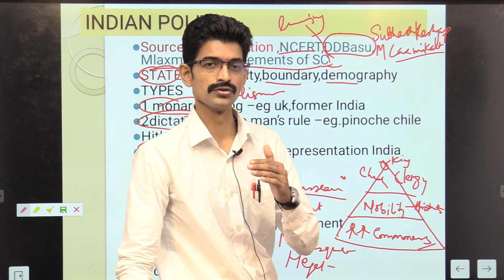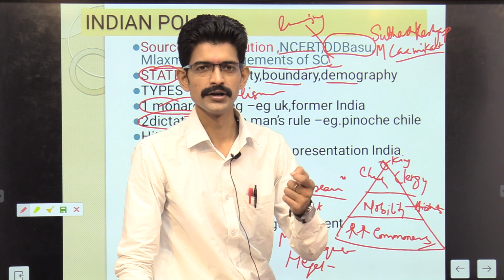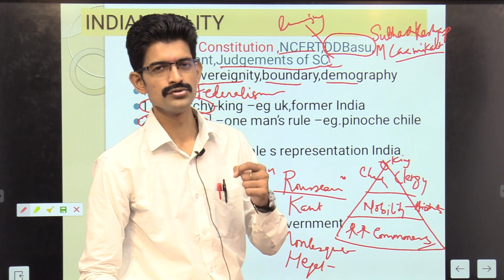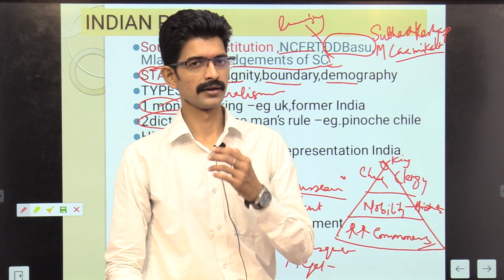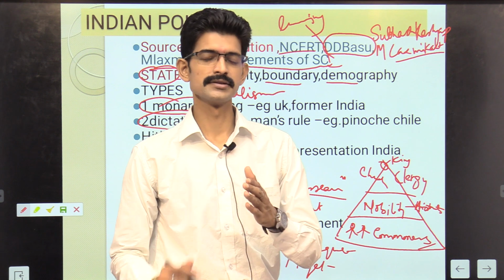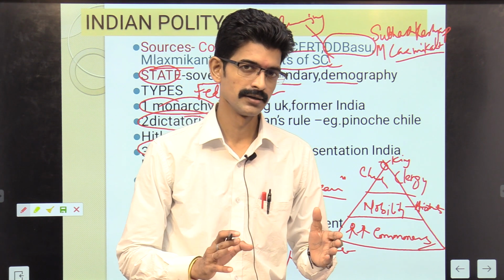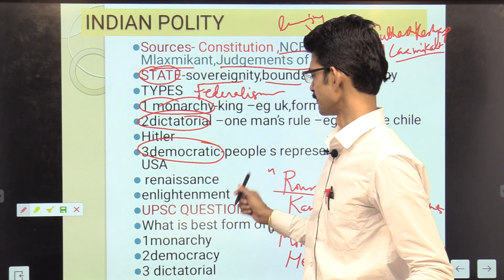So the state has no right over the individual's will. The individual is free to take decisions. He has fundamental rights. He has his own choices of decision making that govern the part of the individual's right, and discriminate over the state's intervention against the individual. So that is again a part of it.